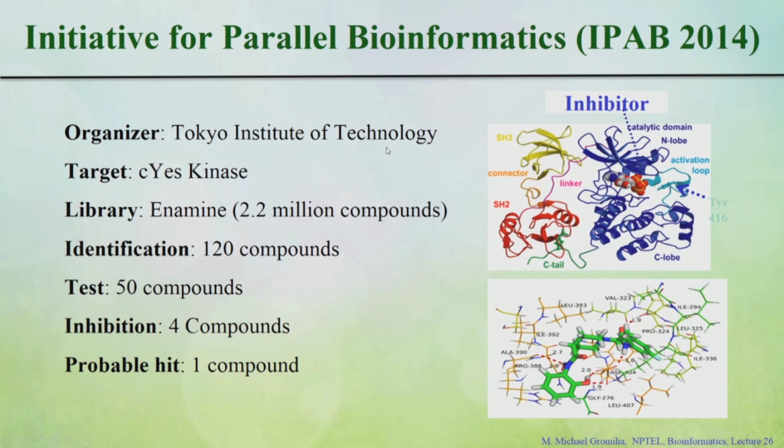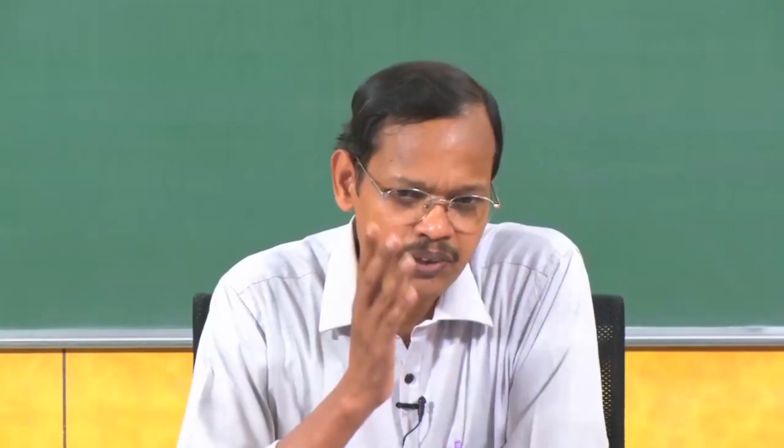In 2014 they organized a competition, because there are several methods available for docking. For example, we discussed various software such as AutoDock and Glide. Likewise, there are hundreds of software available, with different ways to get the probable compounds. So, it is very important to identify whether any method can potentially identify the probable compounds.